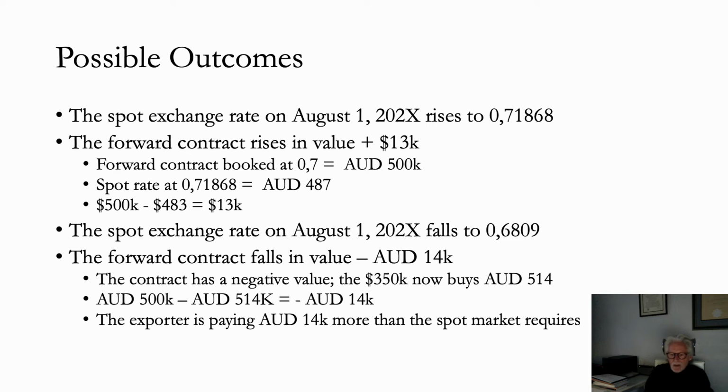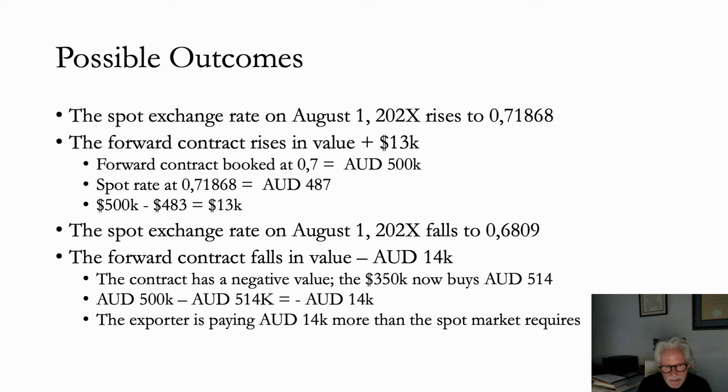Our exporter has a contract entitling it to payment of 500,000 Australian dollars. It's a valuable asset. It's a contract for payment of Australian dollars that far exceeds what's available on the spot market. We can call this a gain to the exporter. But what does the exporter want? The exporter just wants the bank to perform and pay the 500,000 Australian dollars.